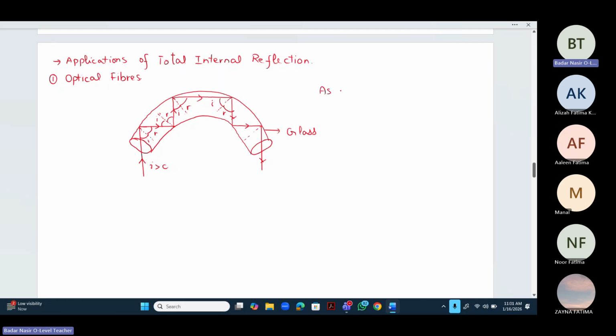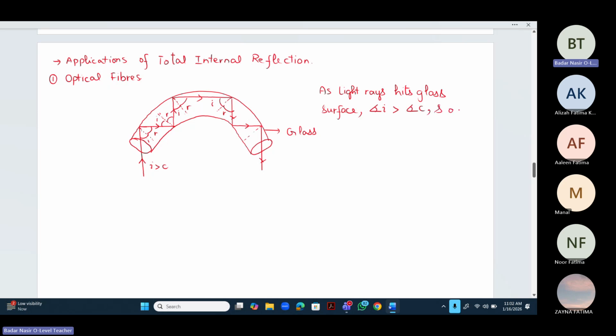As the light ray hits the glass surface, its angle of incidence is greater than the critical angle. Okay?